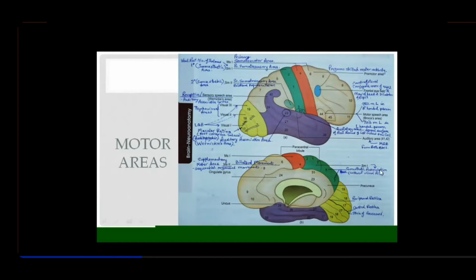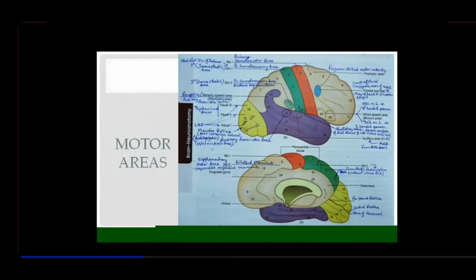That's why both of them together on the supralateral surface are called MS1, the primary somatomotor area. But on the medial surface, area number 6 is called the supplementary motor area, and this is required for bilateral sequential organized movements. Okay, so if you remember these simple small points, that will be easy.